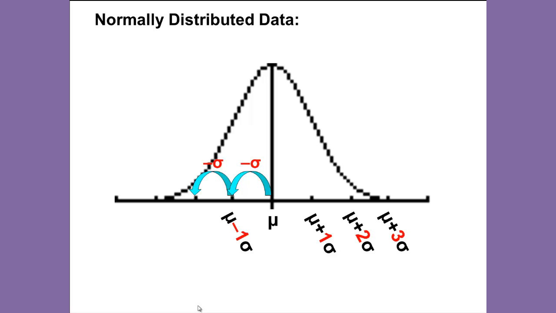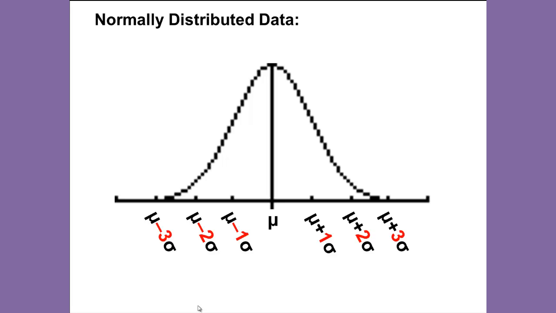Again, doing a second jump or subtracting a second standard deviation would end up with mu minus 2 sigma, or the mean minus 2 standard deviations. And again, doing it the third time leaves us the mean minus 3 standard deviations. And we have labeled our graph.